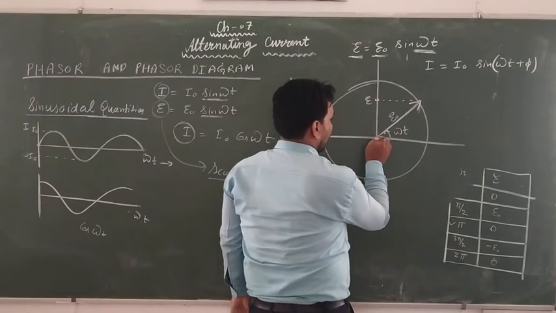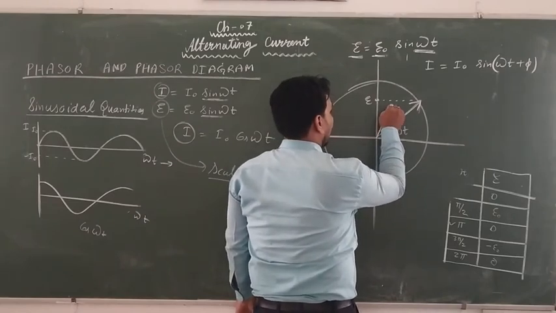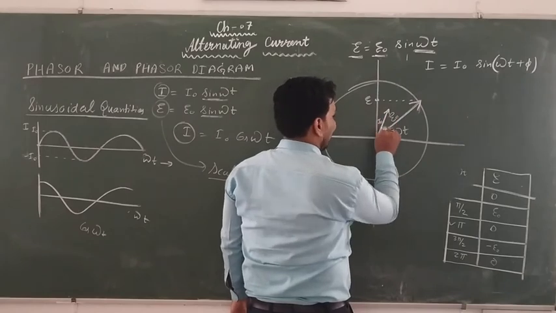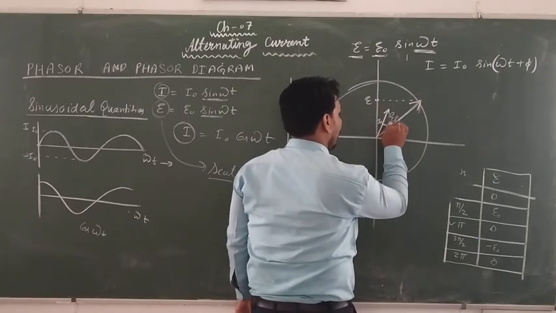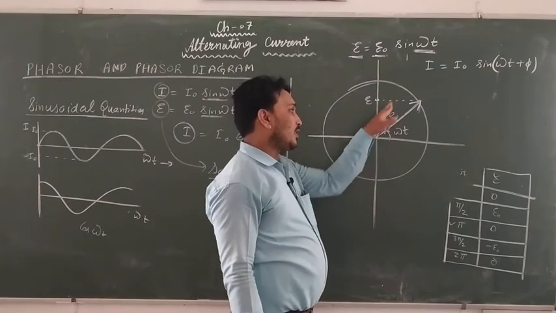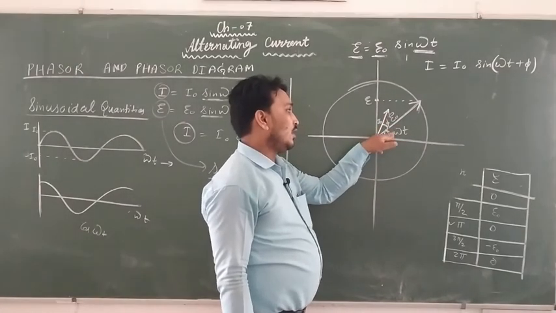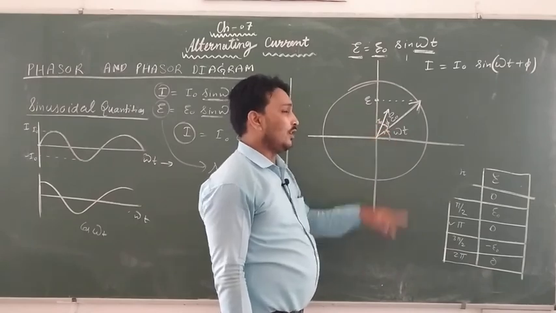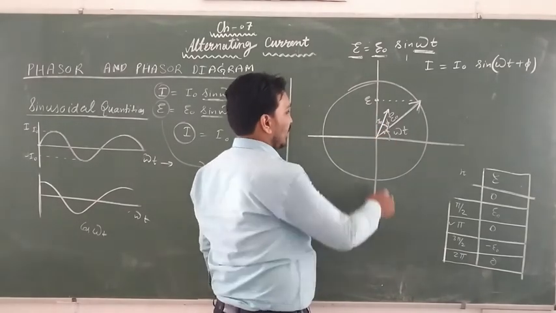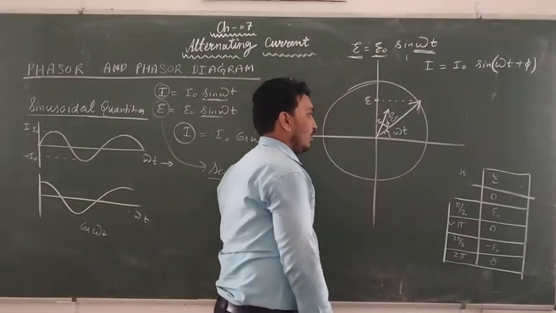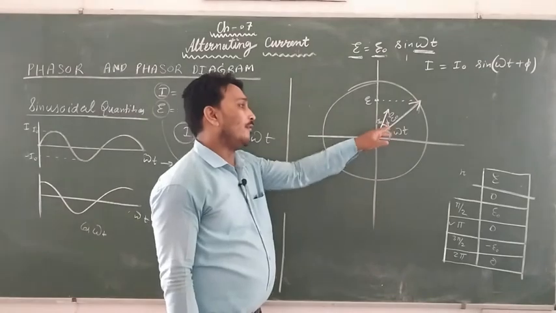So the current will be this way. The length of this arrow is I0, and this angle is phi. So from here till here is omega t, from here till here is phi, so the total angle is omega t plus phi. So basically in this case, current is leading the EMF. By what angle? By phi.